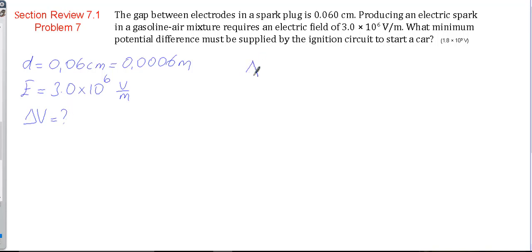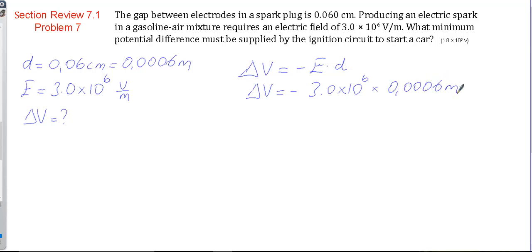What is the relation between potential and the electric field? Delta V is equal to minus ED. And then delta V is equal to minus E, which is 3.0 × 10^6, multiplied by D, which is 0.0006 meters.